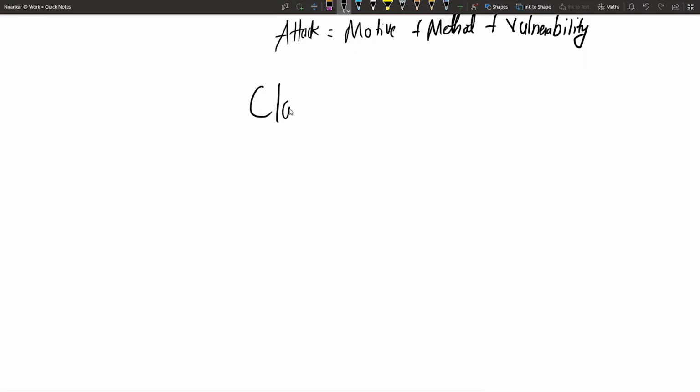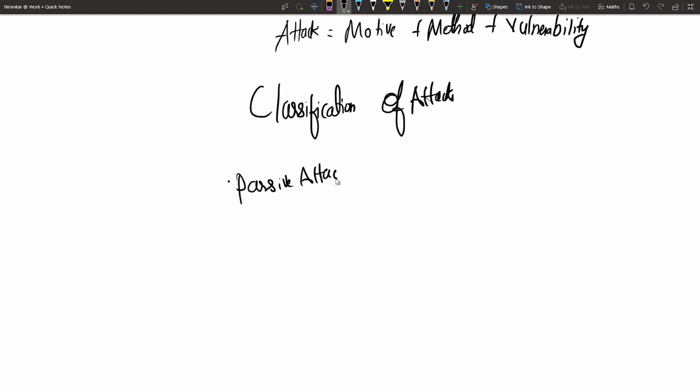The classification of attacks starts from passive attack. So remember passive and active. These two attack types are always there in every chapter. Let's say if I'm talking about footprinting, there is passive footprinting and active footprinting. If I talk about sniffing, there's passive sniffing and active sniffing.